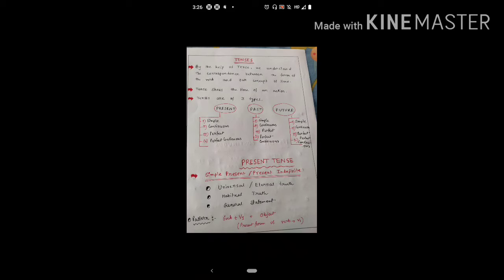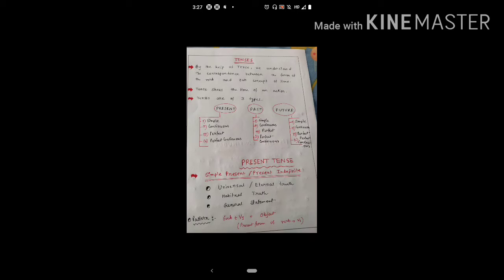What is present tense? The tense which refers to the time period which belongs to the present time. Any action done in the present time is in the present tense.